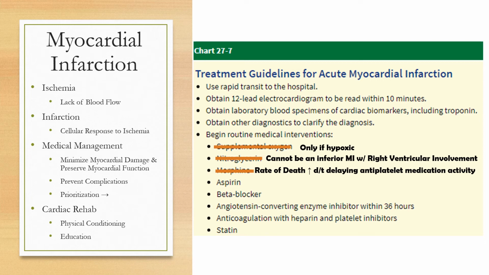Okay, so we might use heparin, or we may give them what's called clopidogrel, which is a platelet inhibitor. So they've already had aspirin, and they might get clopidogrel, which is another platelet inhibitor on top of the aspirin. And on top of that, they may get a heparin type medication, or enoxaparin, which is similar to heparin.